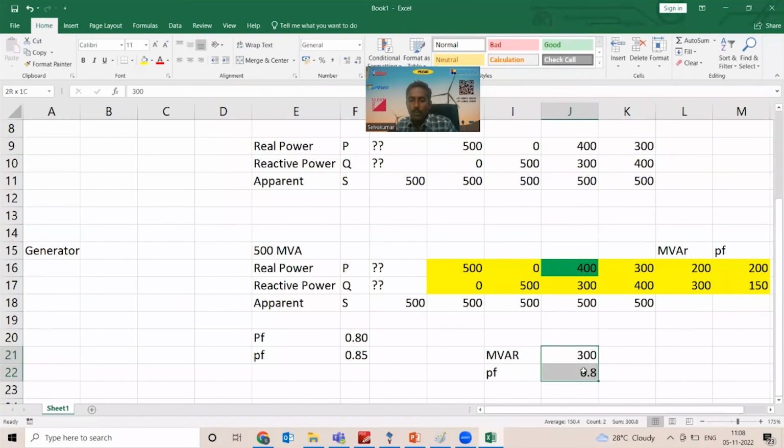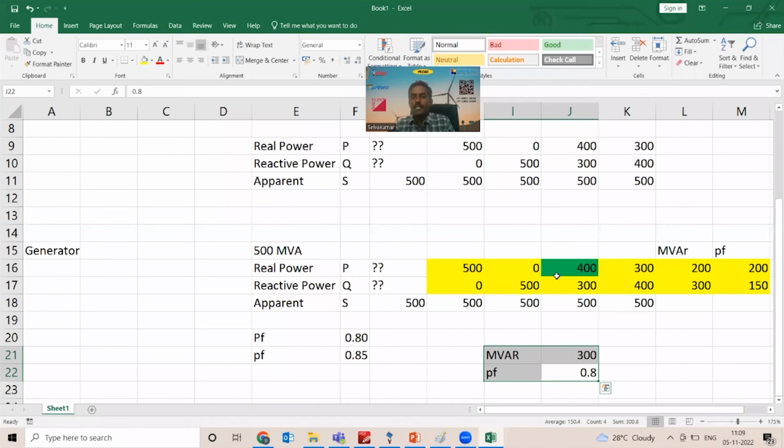MVR control and power factor control are one and the same when the real power is fixed. Because when you have fixed real power, if you fix MVR, then obviously power factor is fixed. When real power is constant and the power factor is known, MVR is fixed. So when real power remains constant, MVR control mode and power factor control mode are not really too different.